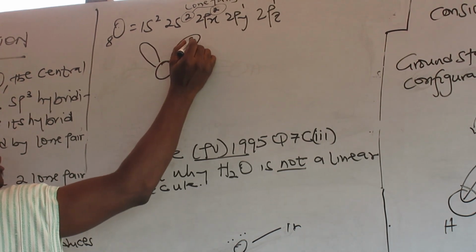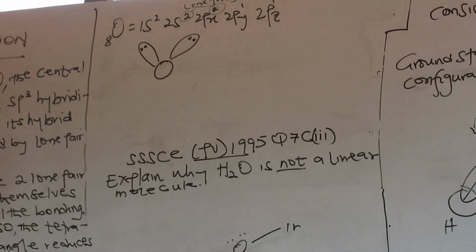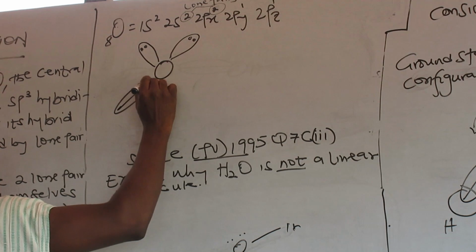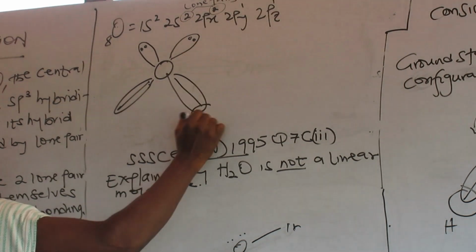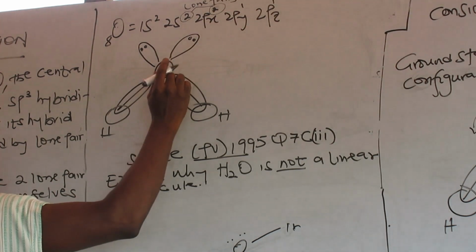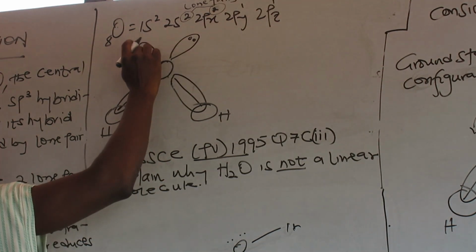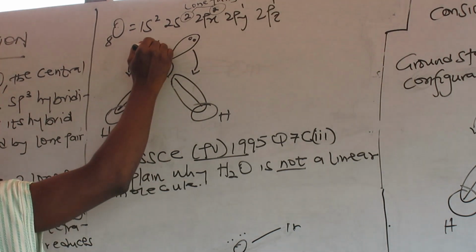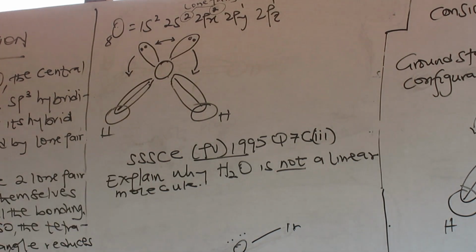These are all hybrid orbitals, but two of the hybrid orbitals are occupied by lone pairs. So what happens is that I'm going to form something like this. See, these two repel themselves. After repelling themselves, they also repel the bond pairs, so they close that linear shape to this.